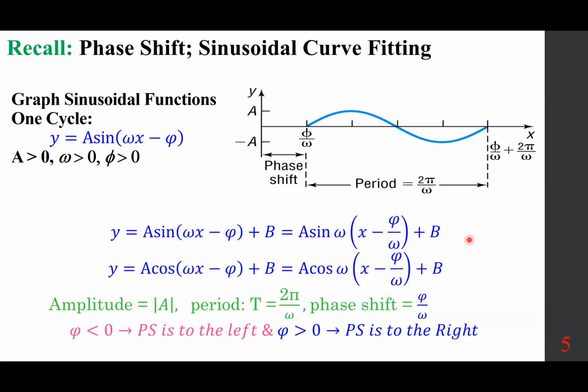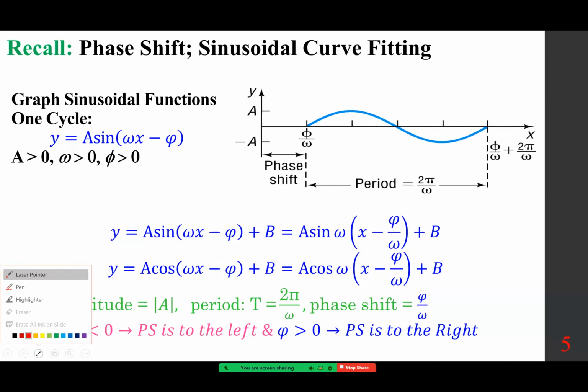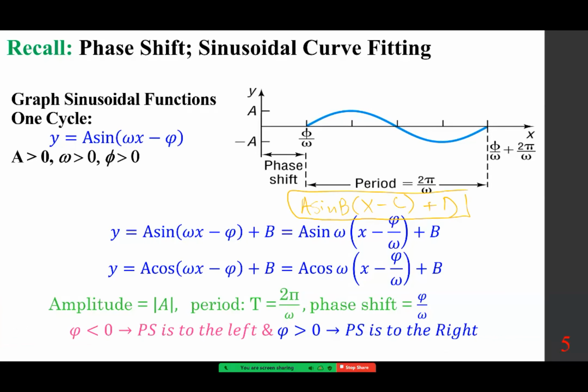And let me write that in case. So in some text, they may use different variables, a sine b x minus c plus d. They may use it in this format. Okay, it doesn't matter. The concept is the same.